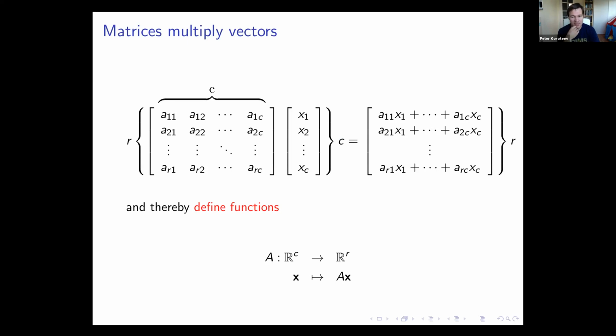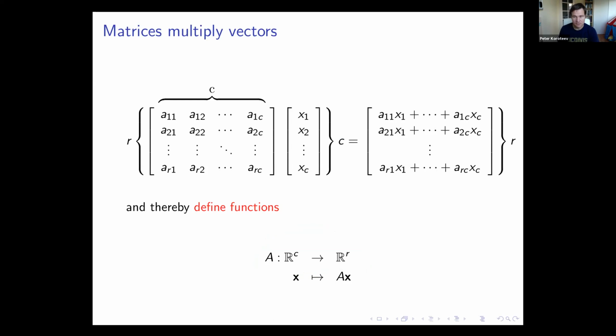This way, a matrix defines a map from R^c to R^r. So it's a linear transformation, as we already know from last week, which takes a vector x and assigns the vector A·x.